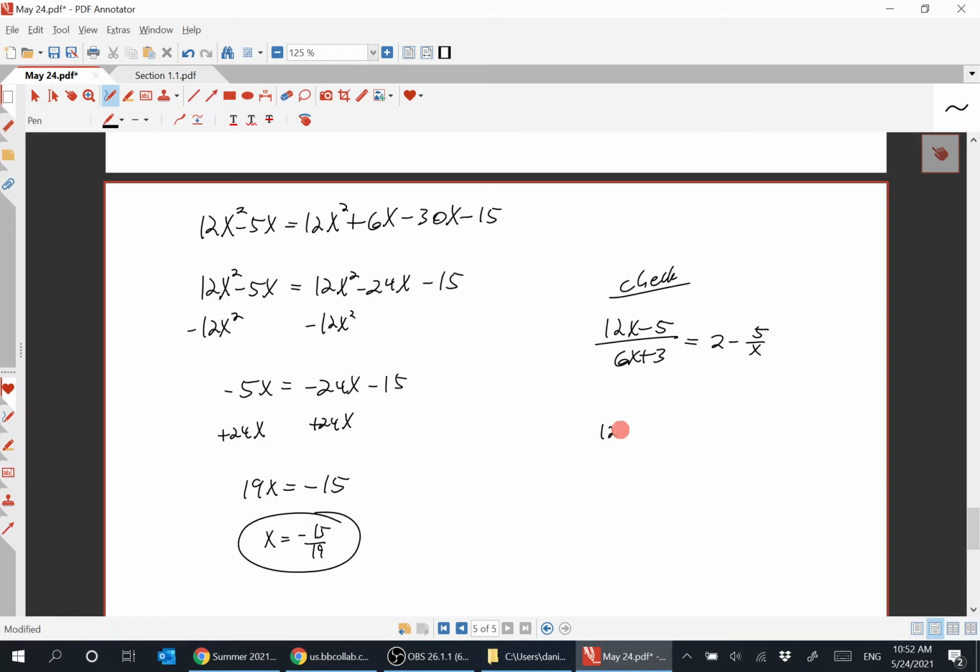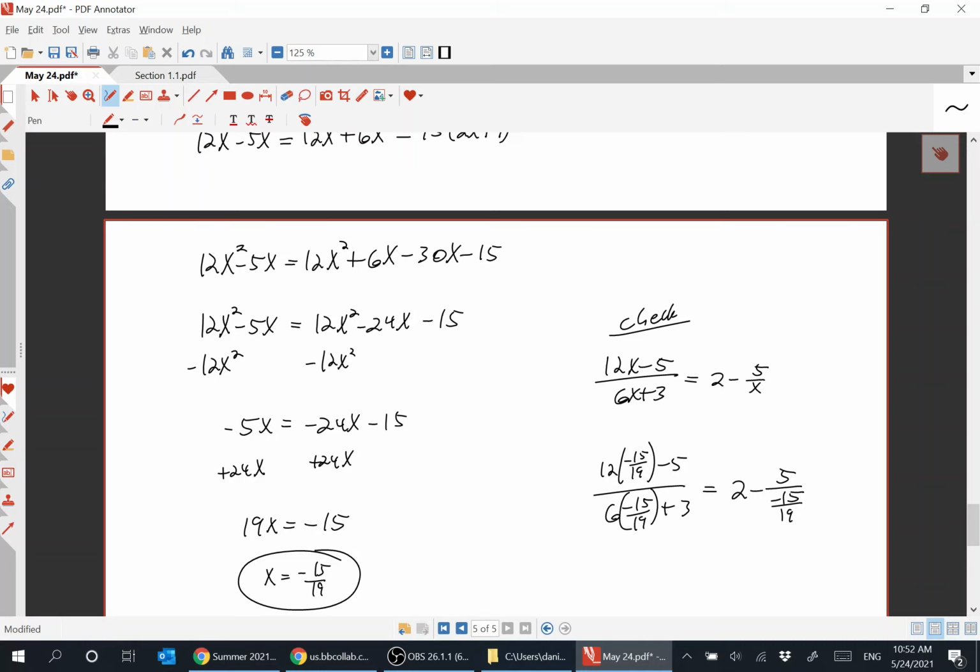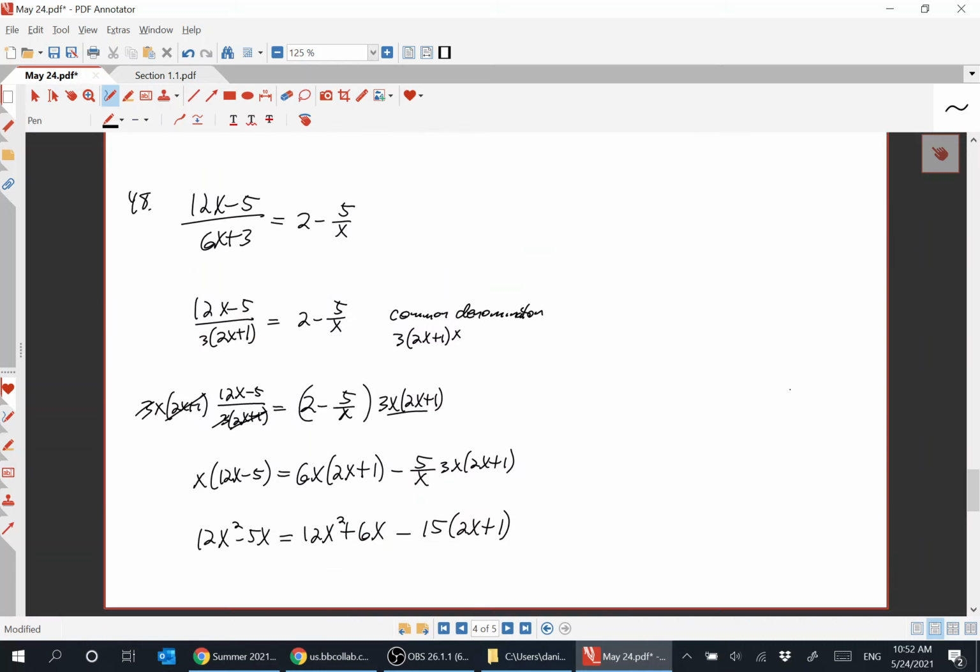So 12 times minus 15 over 19 minus 5. So see, this is why I don't want to check, is because I don't think that's right. That it's going to throw that nasty a fraction at you. So what number was this? 48.